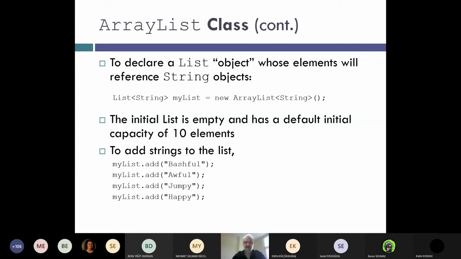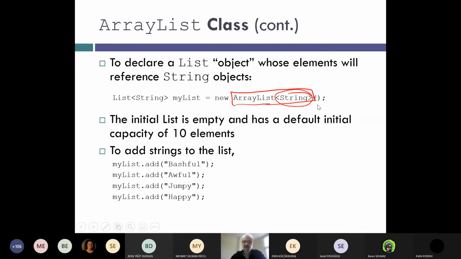Let's see the operations in the List interface and how you can use them with ArrayList. You can declare an ArrayList, and this declaration is a generic declaration, right? The collection hierarchy uses generics. This means when you declare an ArrayList or any other data structure in the collection hierarchy, you have to specify the type of the objects.